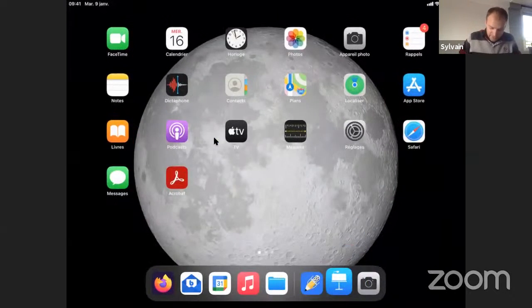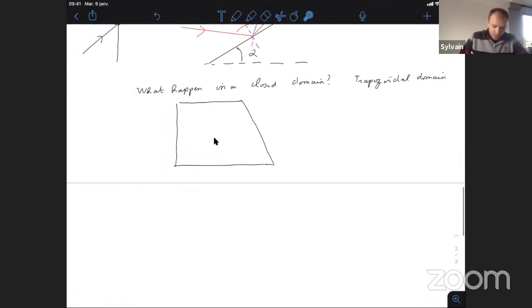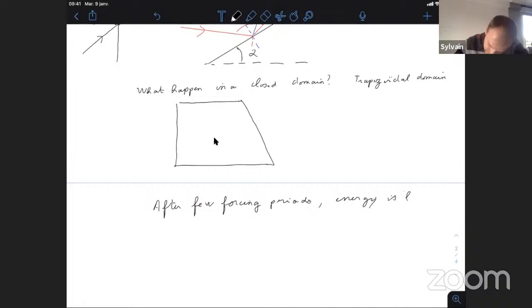So if I come back here, what you can see is that after a few forcing periods, energy is localized and concentrated.